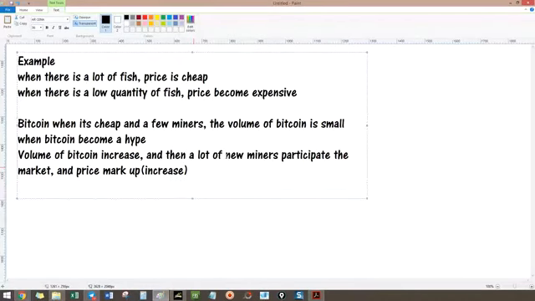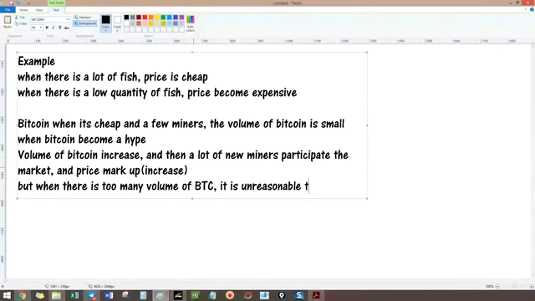Okay, but when there is too much volume of BTC, it is unreasonable for something of large volume to be that expensive.